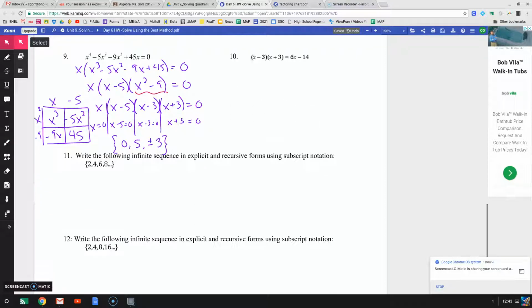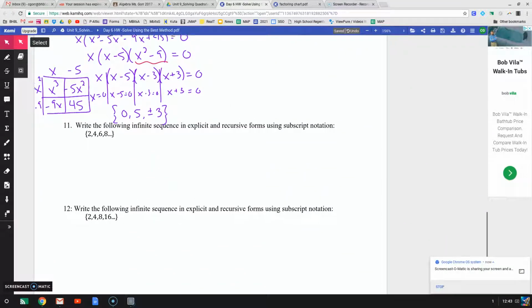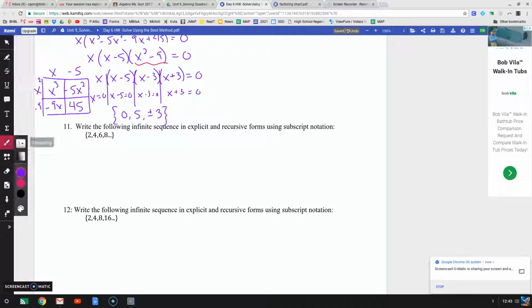Let's take a look at question 11. Write the following infinite sequence in explicit and recursive forms. So the first thing I have to decide is what type of sequence this is. I look at my pattern, 2 to 4, 4 to 6, 6 to 8. This is an arithmetic sequence.